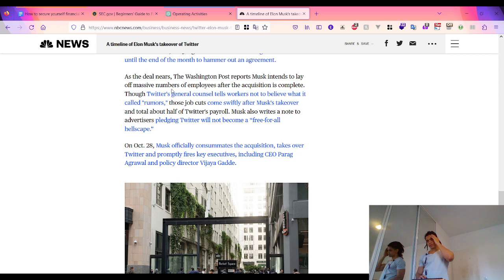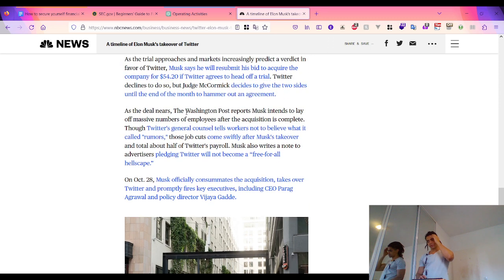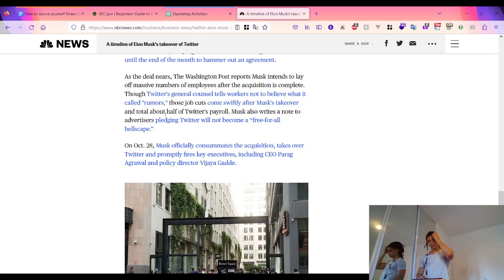As the deal nears, the Washington Post reports Musk intends to lay off a massive number of employees after the acquisition is complete, though Twitter's general counsel tells workers not to believe what it called rumors. Those job cuts come swiftly after the Musk takeover and total about half of Twitter's payroll. Musk also writes a note to advertisers, pledging Twitter will not become a free-for-all hellscape.